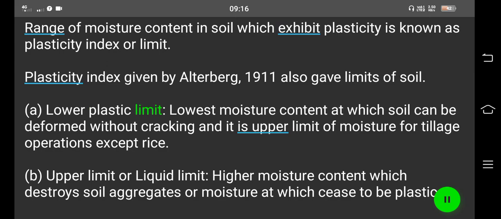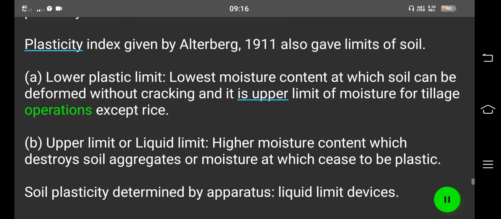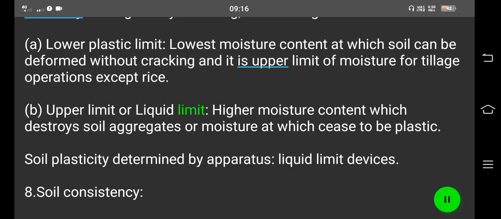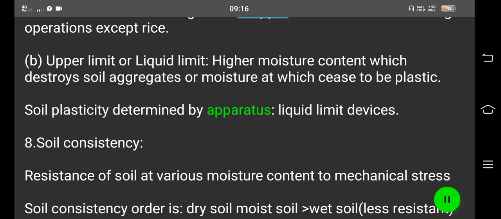A. Lower plastic limit. Lowest moisture content at which soil can be deformed without cracking, and it is the upper limit of moisture for tillage operations except rice. B. Upper limit or liquid limit. Higher moisture content which destroys soil aggregates, or moisture at which soil ceases to be plastic.